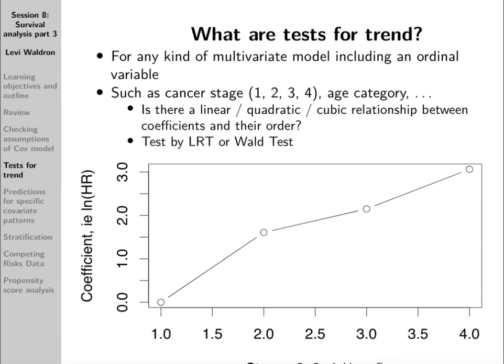All right, we're going to continue using this data set, but I'm going to start talking about some new concepts here, starting with tests for trend. So tests for trend are relevant in a multivariate model that includes an ordinal variable, such as cancer stage 1, 2, 3, 4, where stage 1 would involve the lowest risk or hazard, and stage 4 the highest hazard, or age categories, where increasing age confers higher risk.